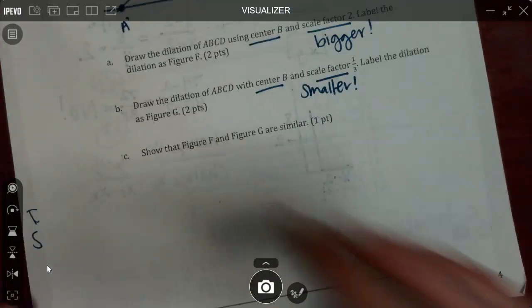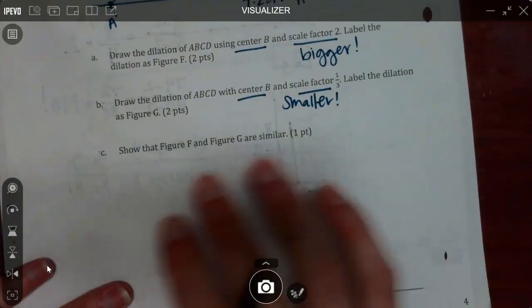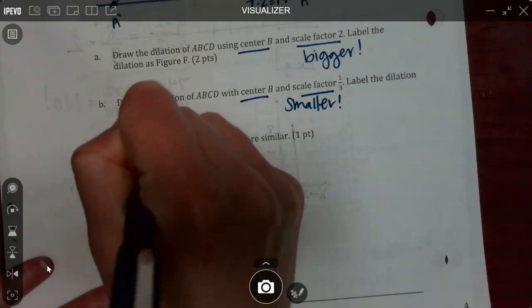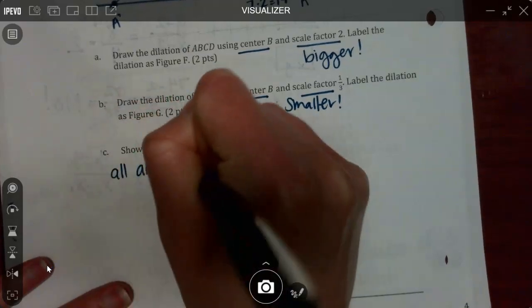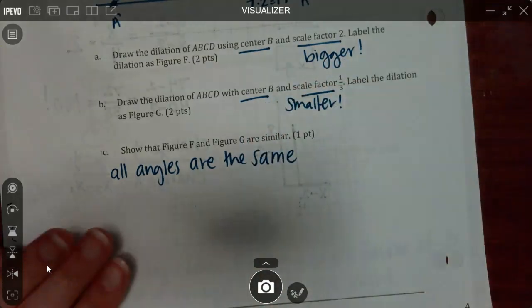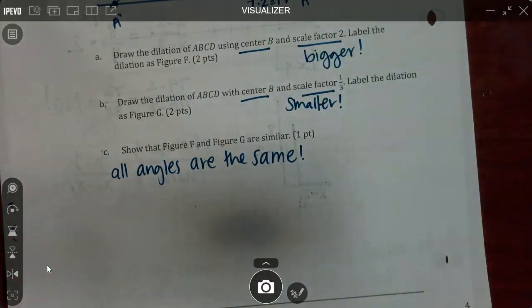Then, show that figure F and G are similar. So this goes back to like the first page where you had to prove some similarities. Well, you know all angles are the same because they're all scale factors of the original. But that's not enough information. You also need to prove the sides.